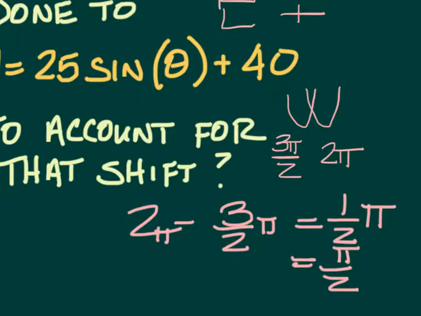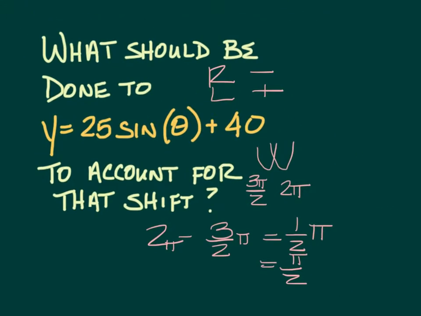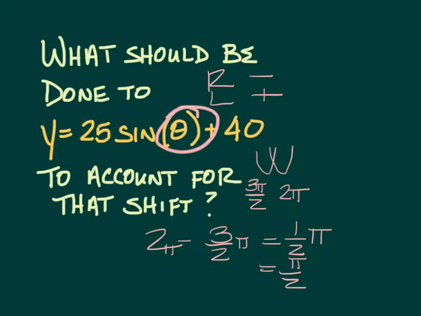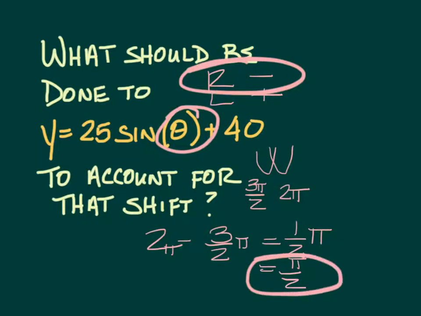So we're going to have to put in what in this area here. We moved to the right. We knew that was minus. We just found that the distance of that movement was pi over 2. So what do we put in the parentheses? Minus pi over 2.